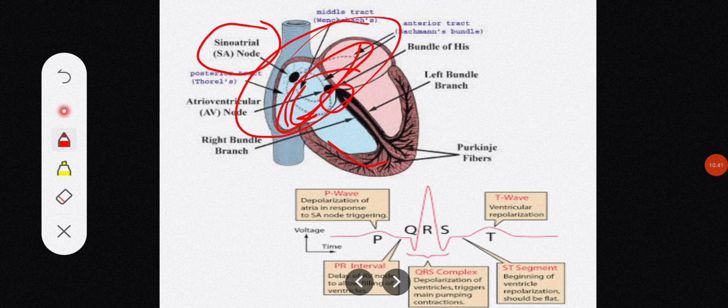The P wave represents depolarization of the atria, the QRS complex represents repolarization of the atria and depolarization of the ventricles, the T wave represents repolarization of the ventricles, and the U wave represents the after potentials of the ventricles.